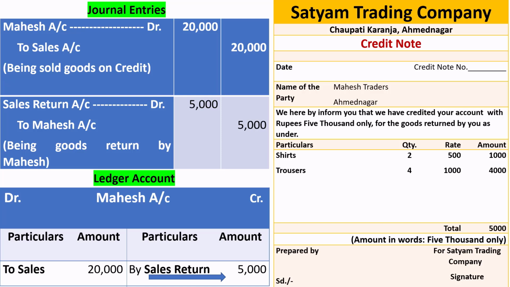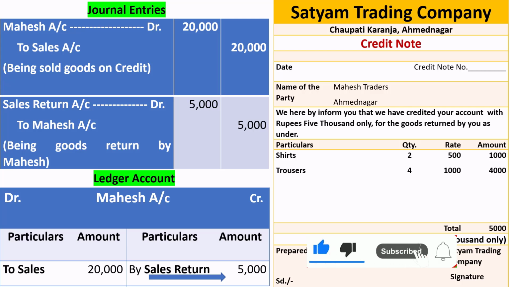It means whenever a customer returns goods, we credit his account by rupees 5,000 just to reduce his debit balance. So when we credit his account by 5,000, the dues remaining are 15,000.